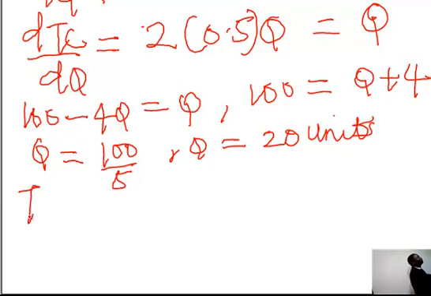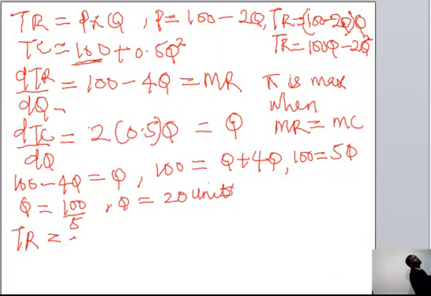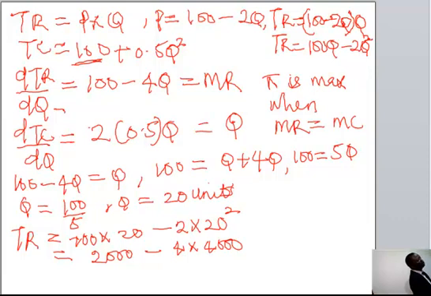Now our total revenue, when you substitute this 20, will be 100 multiplied by 20 minus 2 multiplied by 20 squared. 100 multiplied by 20, we have 2000, minus 2 times 400, which is 800. So now the profit maximizing output is 20 units.